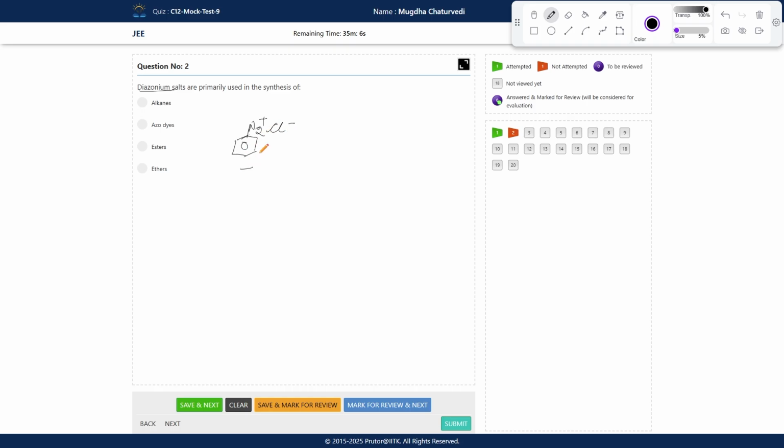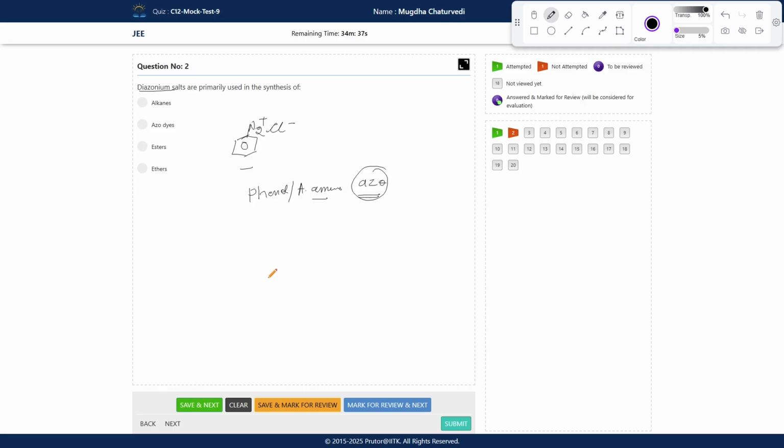When I treat aromatic diazonium salts with phenols or aromatic amines, they undergo a coupling reaction and form azo compounds. And azo compounds are brightly colored and are basically used as azo dyes.